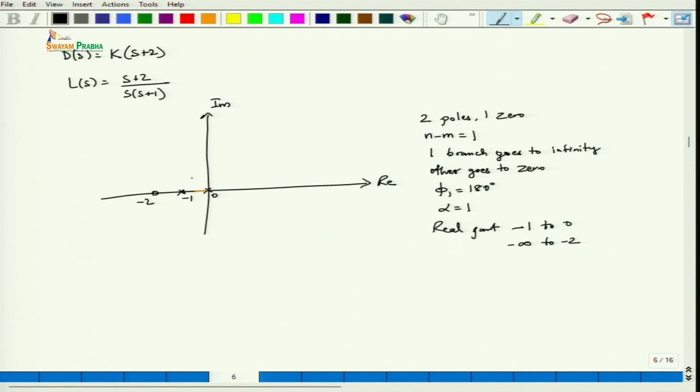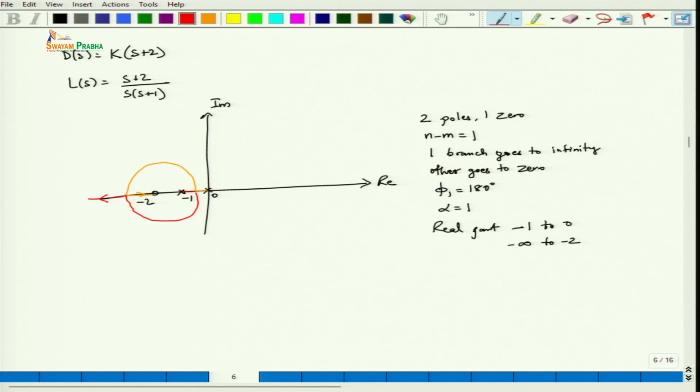So the first branch of the root loci starts from here, the second branch will start from here and go in this direction, and after that this branch will come here and go along this direction. Similarly, in symmetric fashion, this one comes here and goes along.